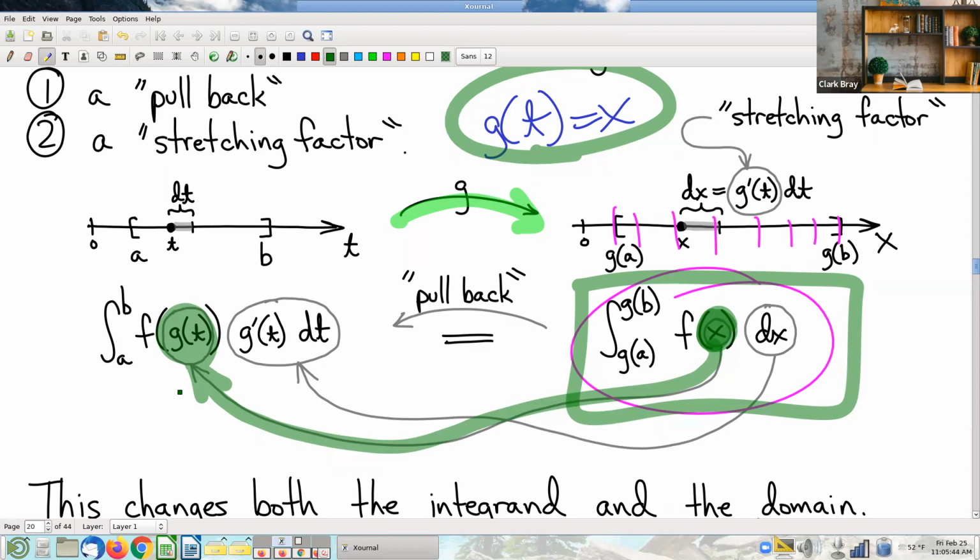You probably never thought about it this way, but if the function takes points from left to right, plugging in turns expressions from right to left. Plug in for the x's, you get stuff in terms of t's, that's right to left. So this is called a pullback. It's a fancy way of saying, yeah, plug in.